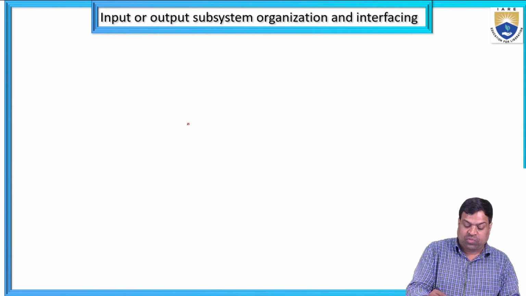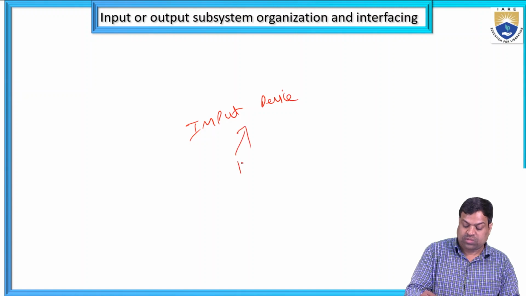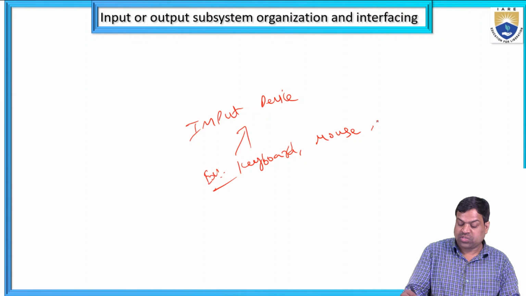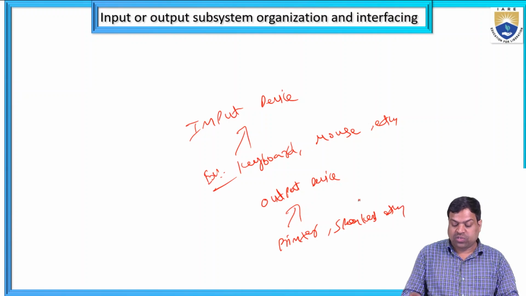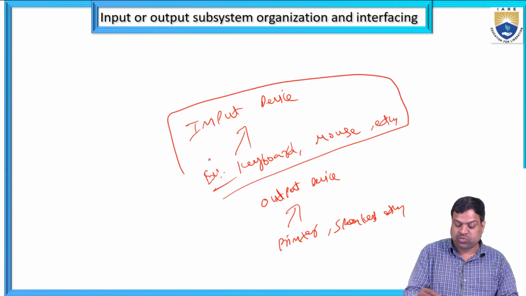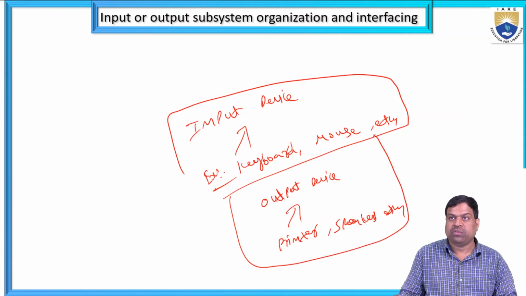When I'm taking the input devices, they are keyboard, mouse, etc. When I'm taking the output devices, they are printer, speakers, etc. Different types of input devices will be there, and different types of output devices will be there.